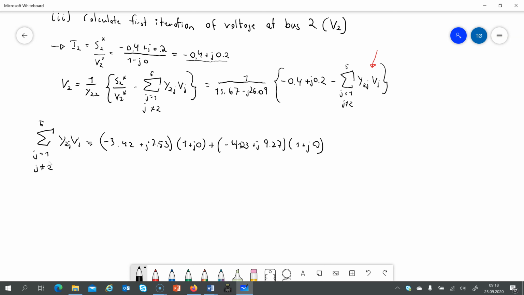Like this. Next, position 4, minus 4, and position 5.